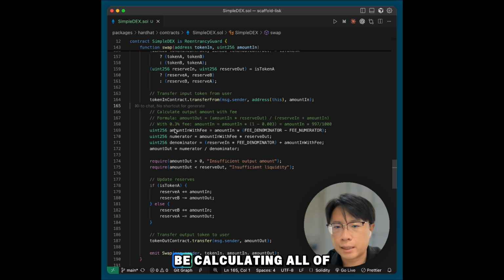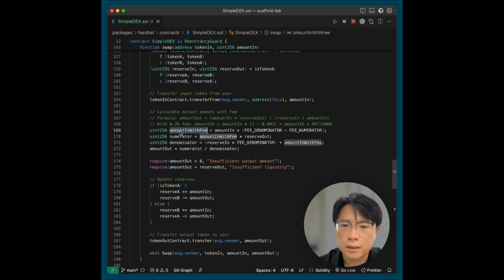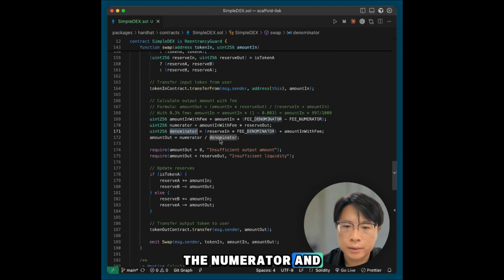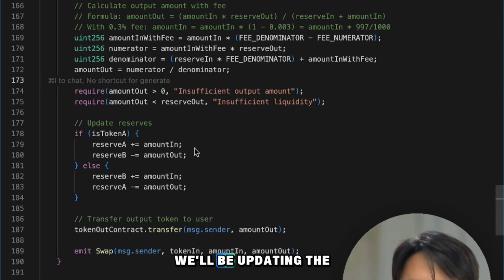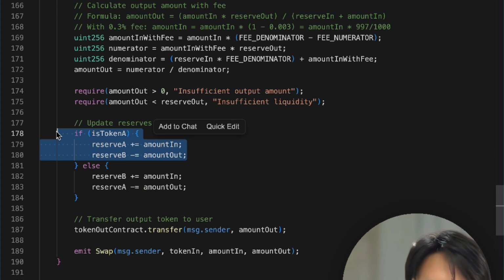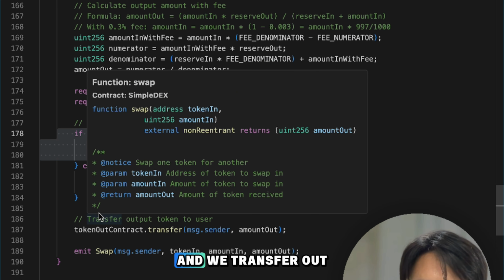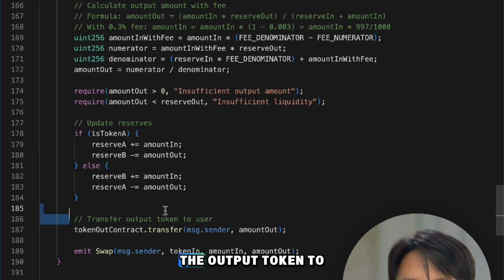And after that, we'll be calculating all of those, charging them with the fees that we set earlier, and we'll be calculating the numerator and denominator. Okay, so after that, we'll be updating the reserve and we transfer the output token back to the users.